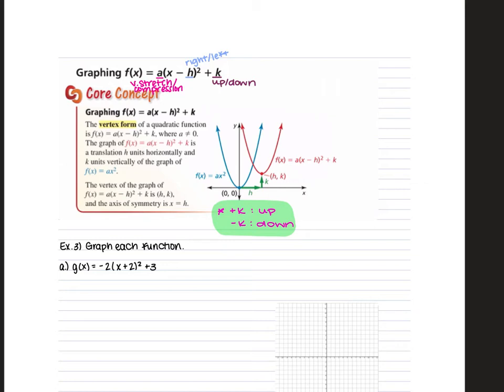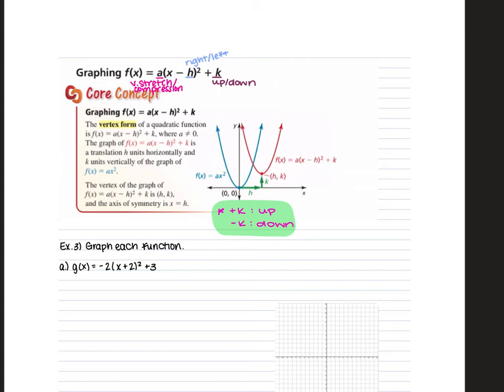Okay, so a couple things to remember here. Negative in front of the parentheses, in front of that a, you have a reflection across the x-axis. The a, if it's a number between 0 and 1, is a vertical compression by that factor. If it's a number greater than 1, you have a vertical stretch.